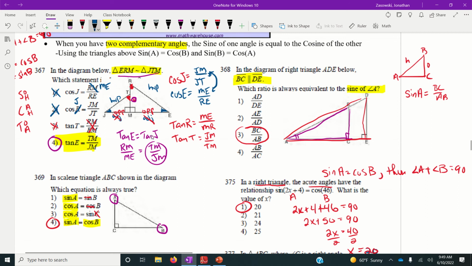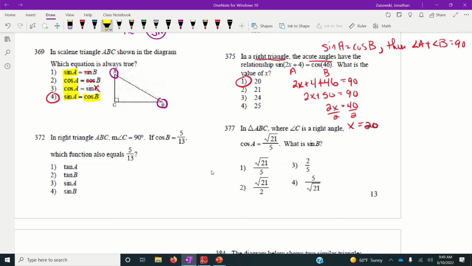Or in the really big triangle, AED, the sine of A using opposite over hypotenuse could have also equaled DE over AD, and that would be flipped here. So this one's out, that one's out, and then it's got to be choice number 3.